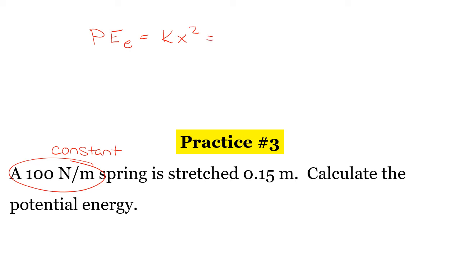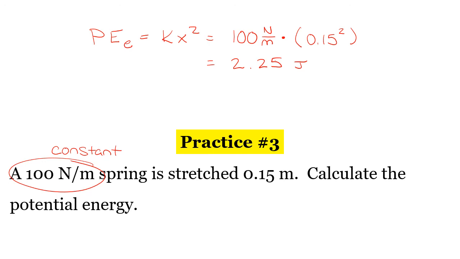k is our spring constant, so let's go ahead and plug that in. So 100 Newtons per meter, and we're going to multiply that by x squared, so 0.15 squared. Let me go ahead and punch these into my calculator. 100 times 0.15 squared gives me 2.25 joules.